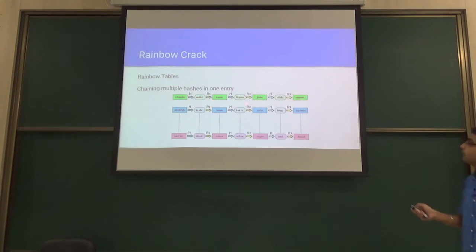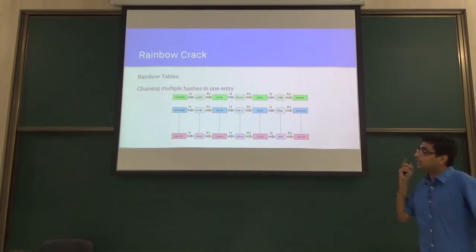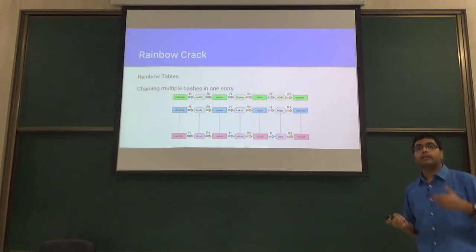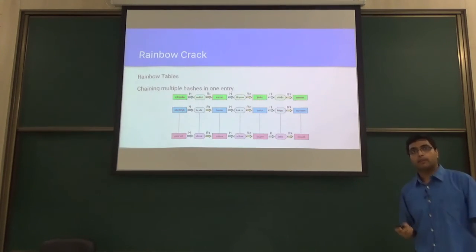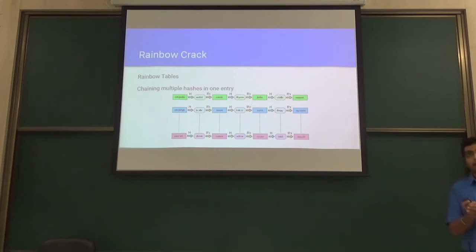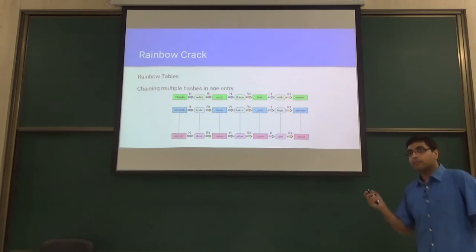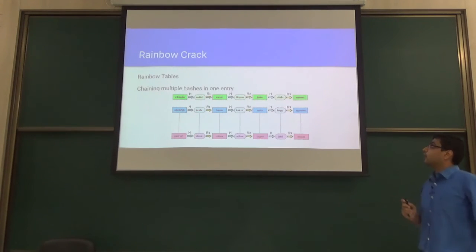We did not store all these hashes and the passwords. If the chain length is 1000, we are not storing all those 1000 passwords; we will calculate them at runtime. So this is a compromise between space complexity and computation. We have reduced the space complexity a bit instead of storing all the hashes, and we have increased the computation a bit. So it's a midway between the two approaches that we discussed earlier, right?